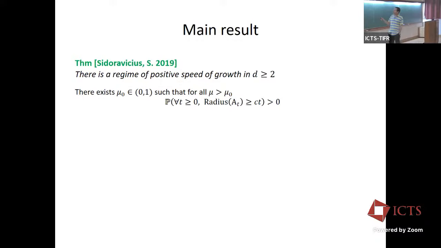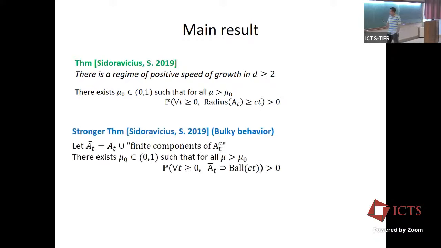This is not really the final story because you don't want it to be positive. You'd like it to be 1, just by replacing for all t with for all large enough t. But still, even if you put here for all large enough t, our result will just give this with positive probability. But we showed a little bit more. We also show that this forms a bulky behavior in this regime.